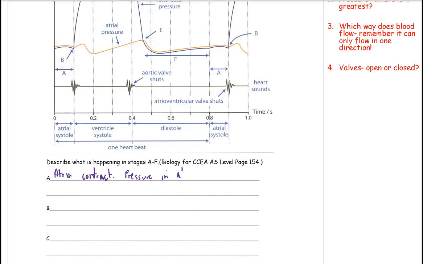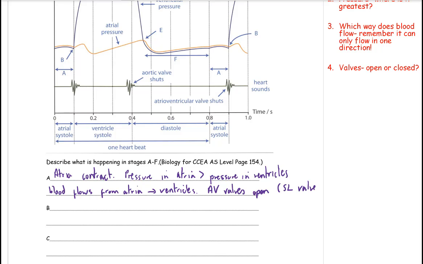So blood flows from the atria to ventricles. And at this point, AV valves are open and the semilunar valves are closed.